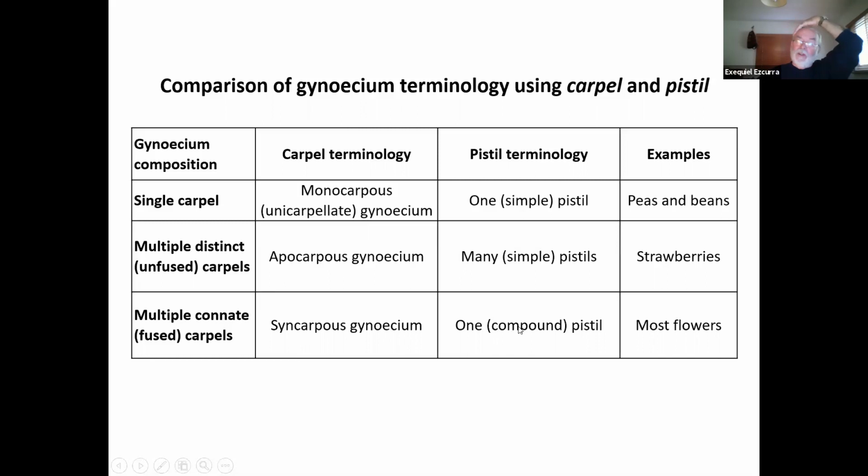When we talk about carpels in botany, we're making reference to the bracts that gave origin to that type of flower. And when we talk about pistils, it basically is a functional structure that looks like a pestle, the bottle-like structure where the ovules are.